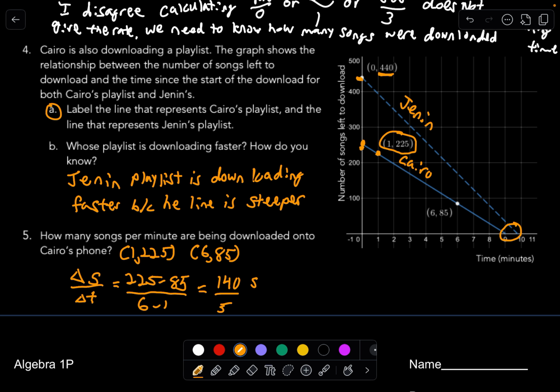So this is songs over minutes. Okay. So 140 divided by 5 is 28. So Cairo's playlist is downloading at 28 songs per minute.